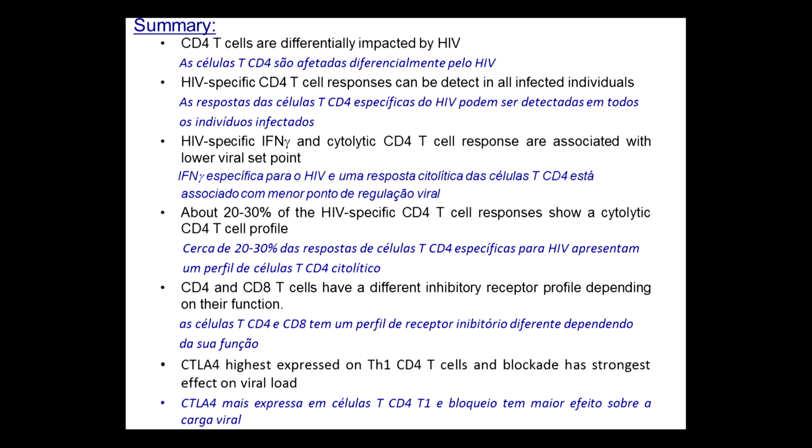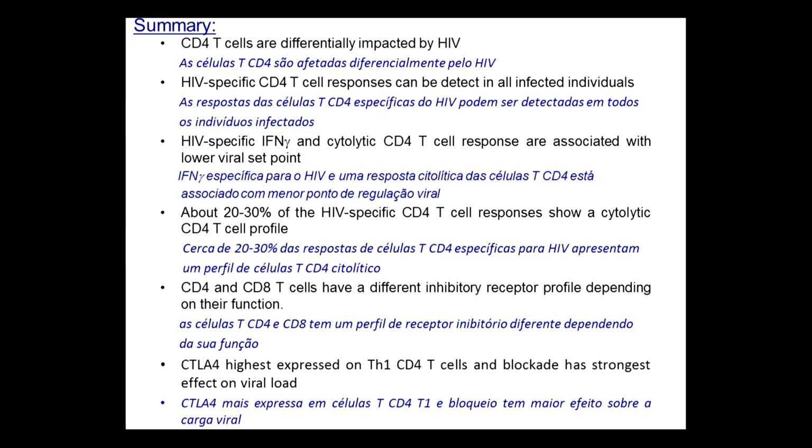I've shown you that about 20 to 30% are directly cytolytic. They can inhibit viral replication, they can cooperate with CD8 T cells, and they have a very distinct profile of expression of perforin and granzymes. They are also transcriptionally different from Th1 cells, which I didn't show you here. And I've shown you that compared to CD8, CD4 T cells have a very different profile of inhibitory receptors that can also modulate the function of the CD4 cells targeting HIV.